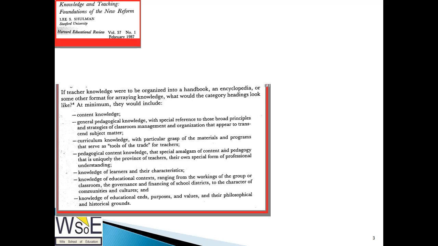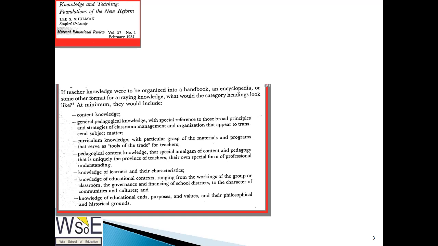Then curriculum knowledge, in particular the grasp of the materials and the programs that serve as the tools of your trade. Which textbooks are you going to use? Which one will you find the most effective? Which learning programs can you put together? Or which learning programs can you use? Those are the tools of your trade.